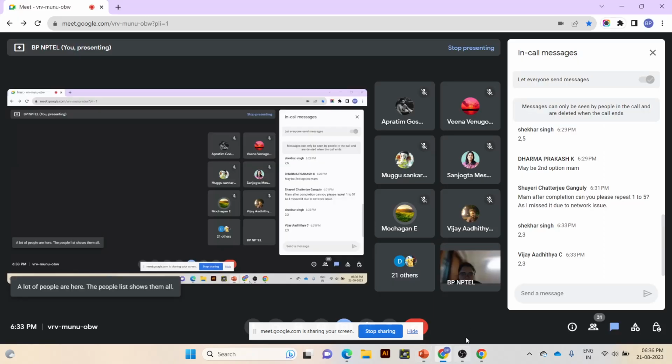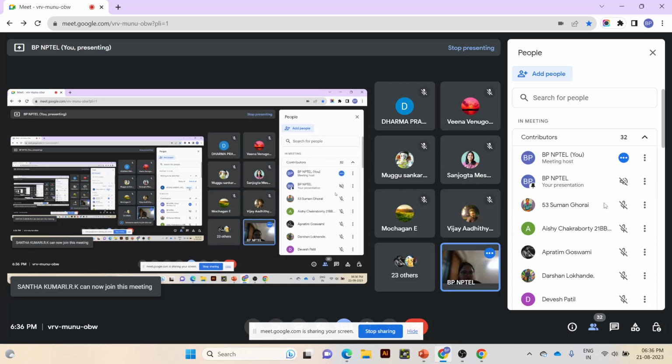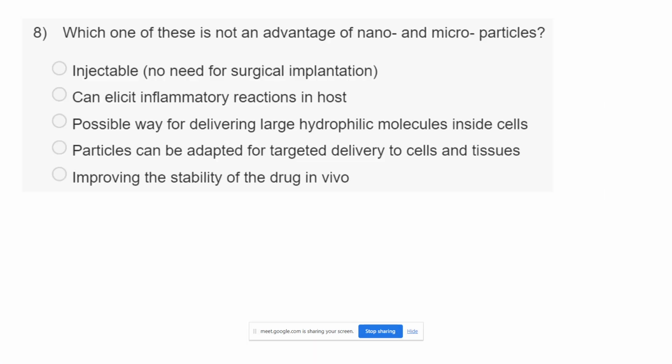Okay, second option. Anyone else? What is not an advantage of nano and microparticles?